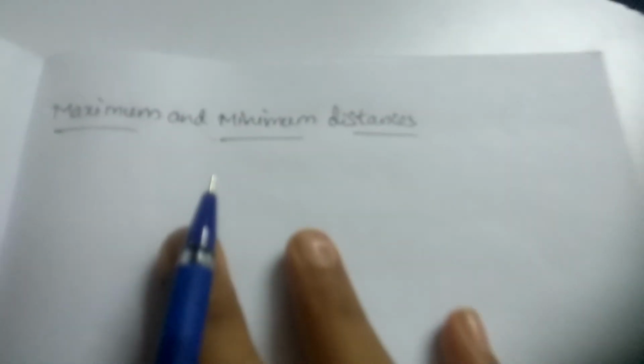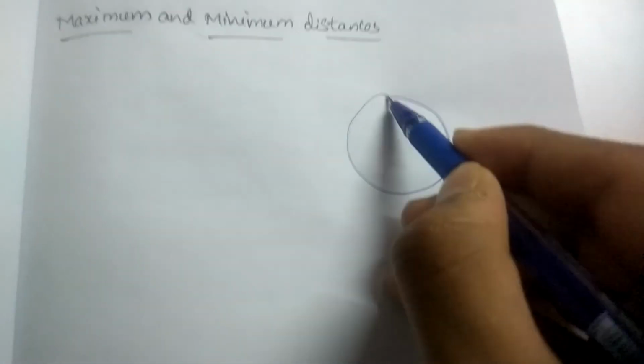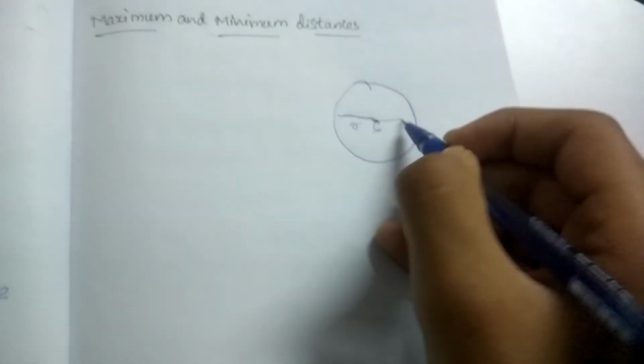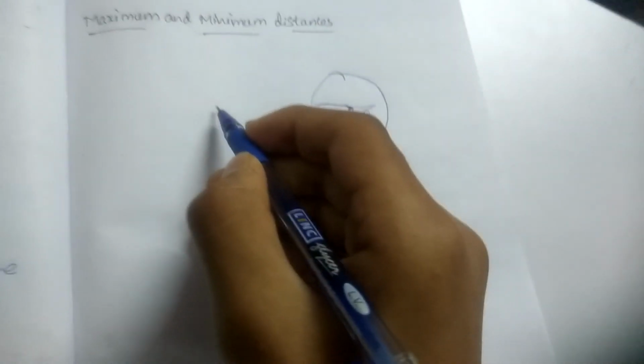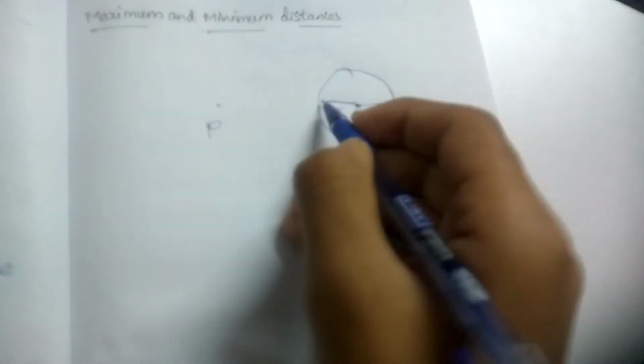Next, if we come to the minimum and maximum distances, let's think that this is the circle S and this is the center C. This is the radius, and a point P is somewhere here.